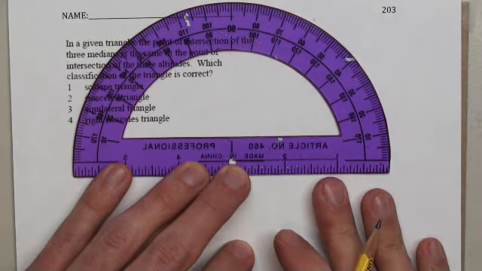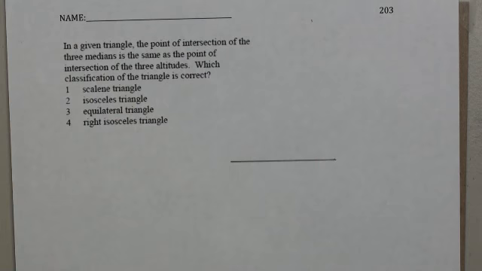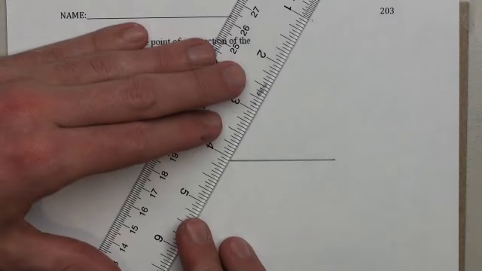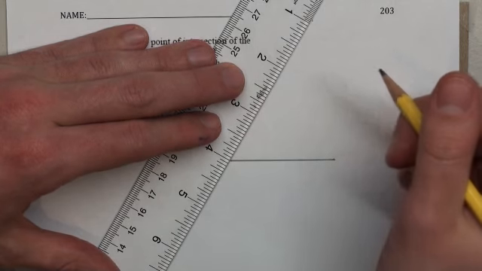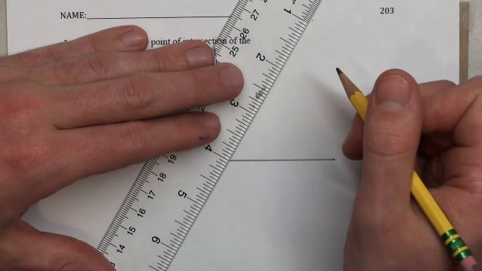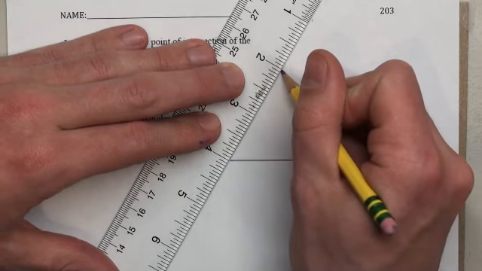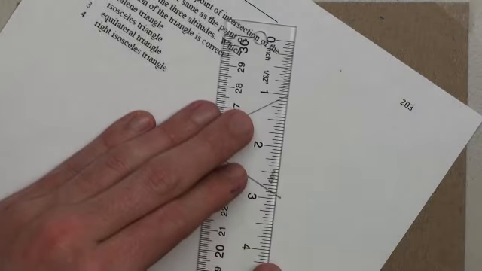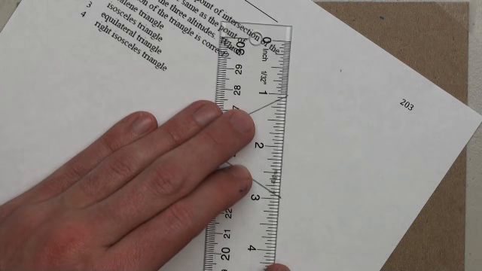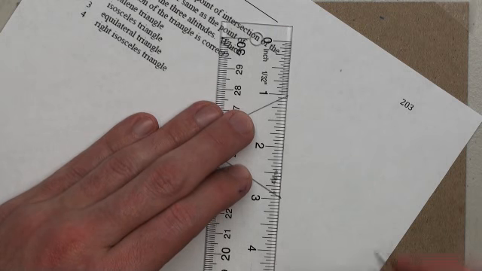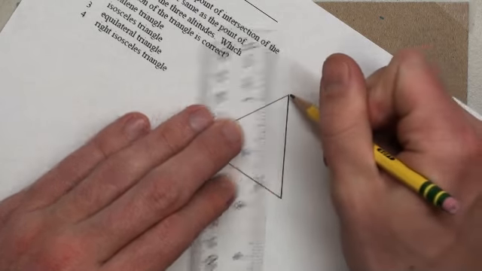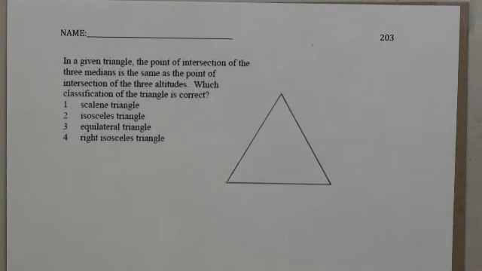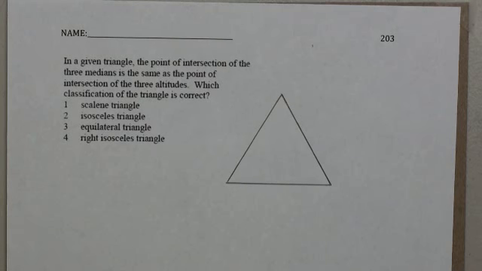Okay, I just marked 60 degrees. So now I'm going to go 2 inches towards that 60 degree mark. Okay, and then this should be 2 inches now left over. And you can see that it is. Between the 1 and the 3, that's 2 inches. So here's an equilateral triangle. All the sides are 2 inches, all the angles are 60 degrees.